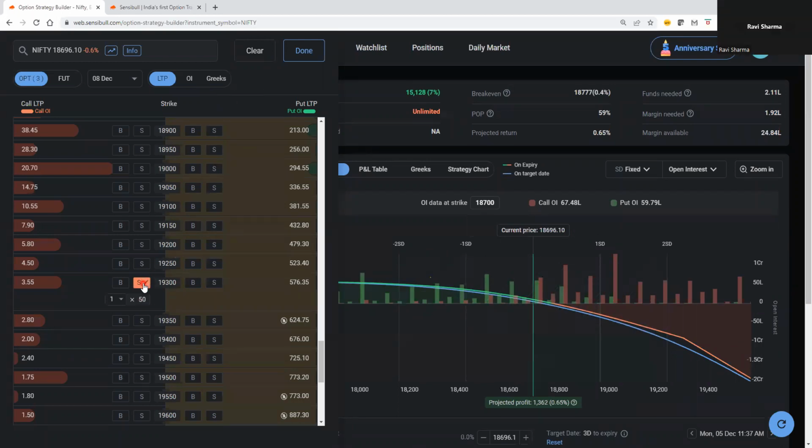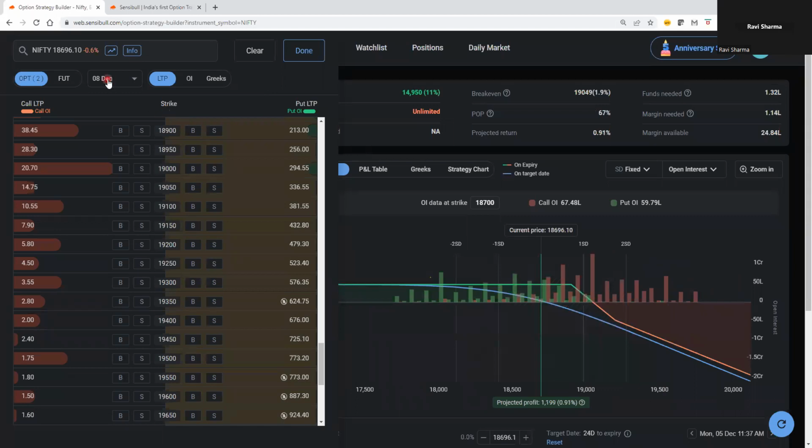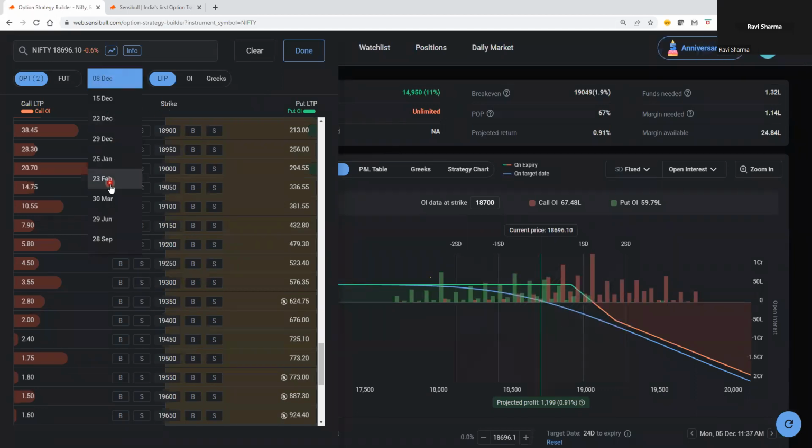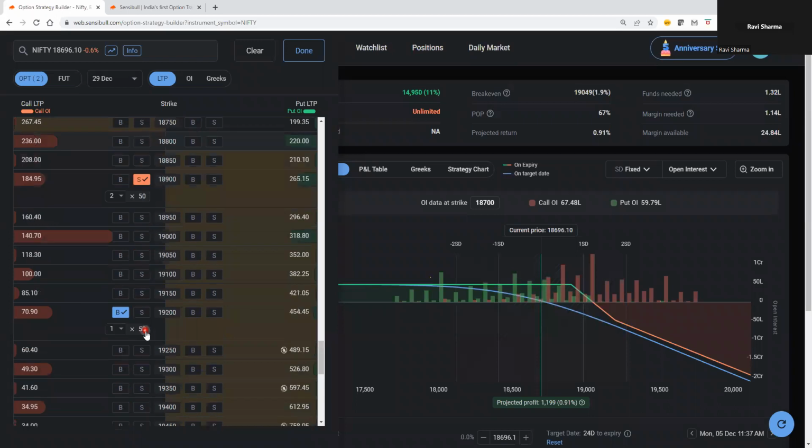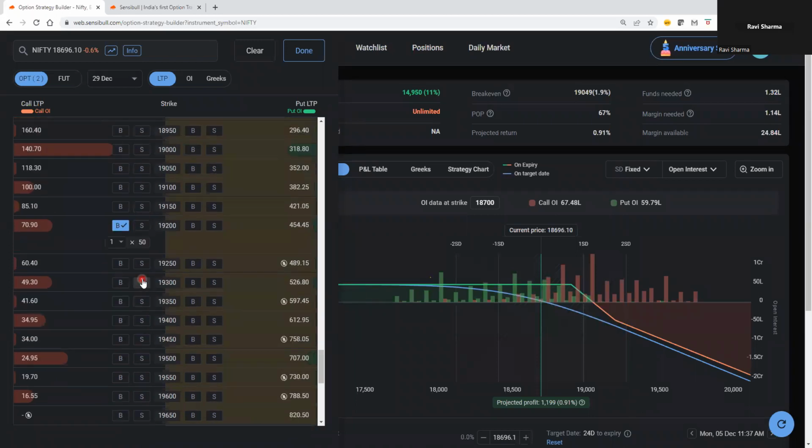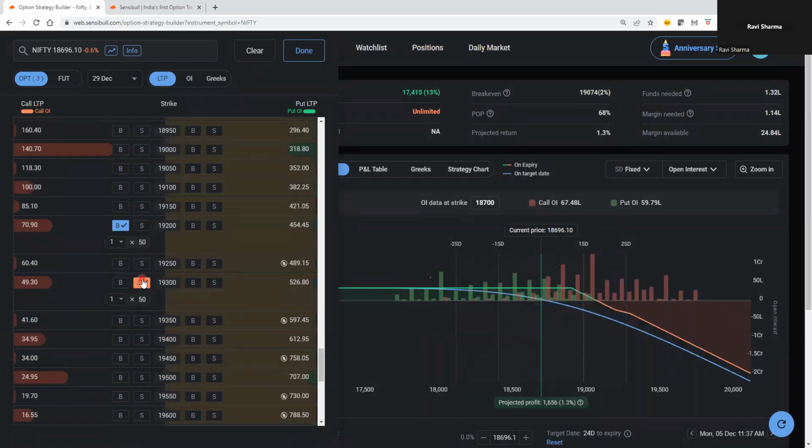You'll have to change the expiry: the earlier one was 29 December, this one is 8 December. So the POP has gone up, 67 now became 68.